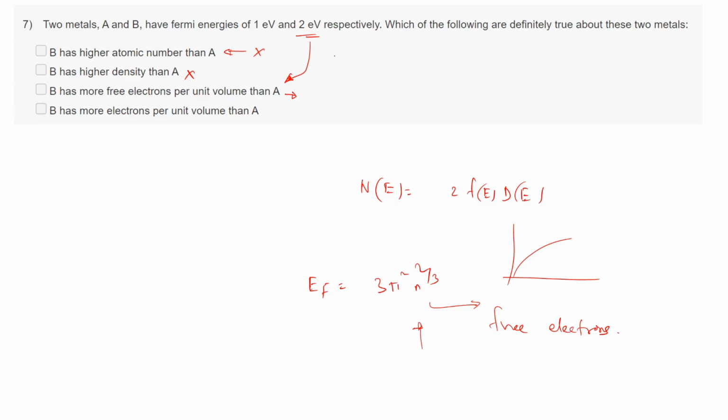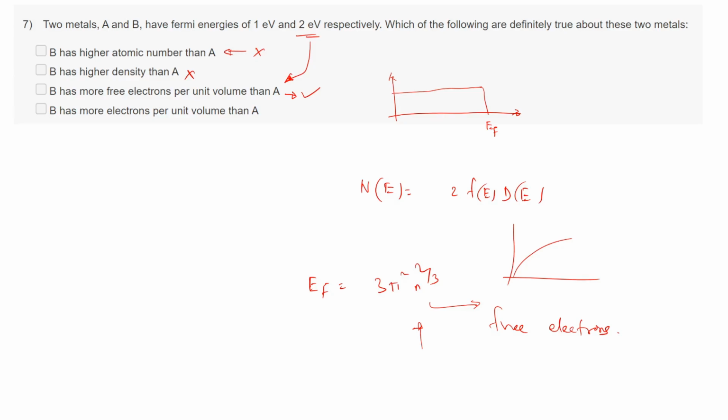Or what you can think of it as, since there are more electrons and the Pauli exclusion principle is valid in it, it will start filling and it will require more EF. So you can think of it in that way. So B has more electrons per unit volume than A.